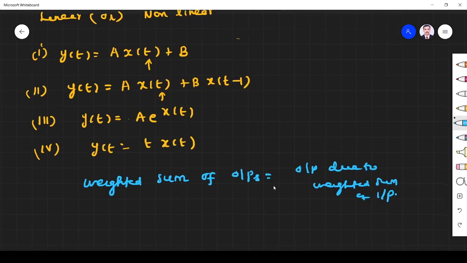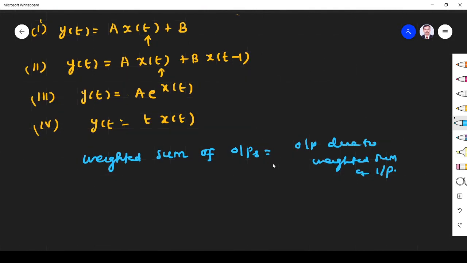If this equation is satisfied, then we can say the given system is a linear system. First we have to find the weighted sum of outputs, and then we find the output due to the weighted sum of inputs. If both are the same, then the system is a linear system.